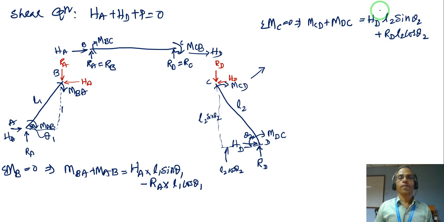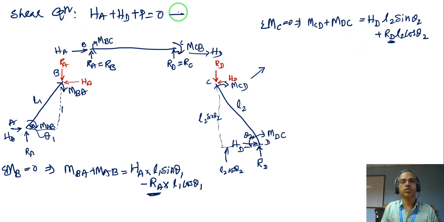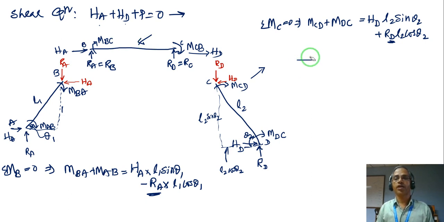Right? Now in both these equations I have RA again unknown and RD again unknown, because to substitute in the shear equation I need HA and HD, but again HA and HD are in terms of RA and RD. So to get this RA and RD, I will take the equilibrium of member BC, and take moment.